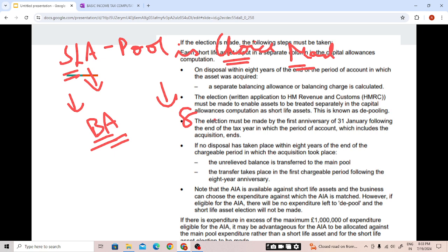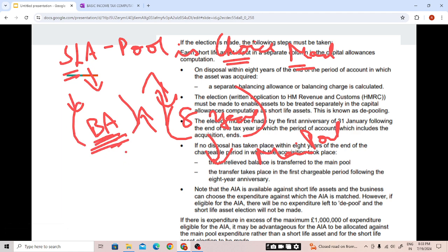Because till 8 years we can calculate, and after that it will go to the main pool. But if we are sure that before 8 years we will have a balancing allowance, meaning the disposal proceeds will be low when compared to the value, then we can claim the whole amount as allowances. So there will be no further adjustments.